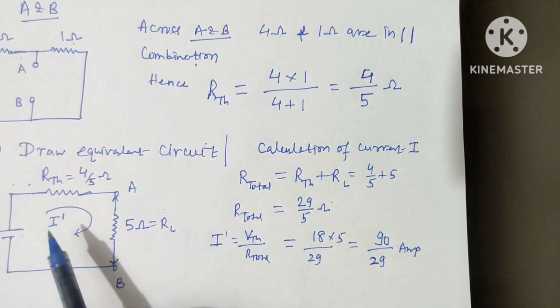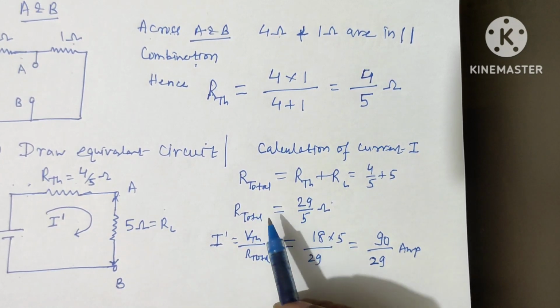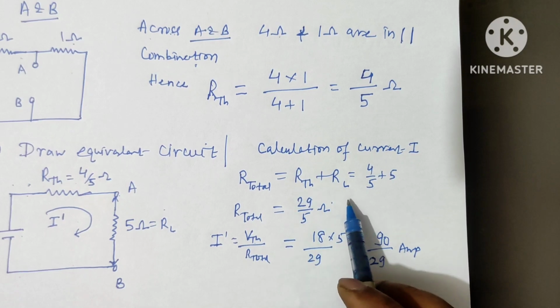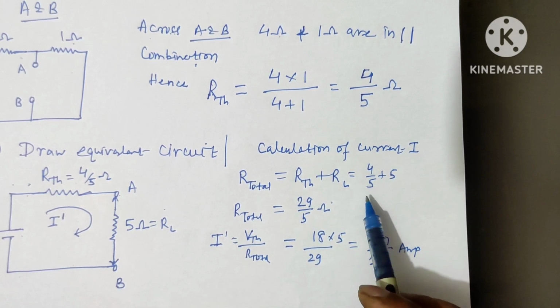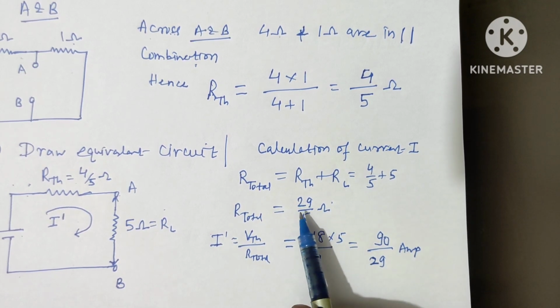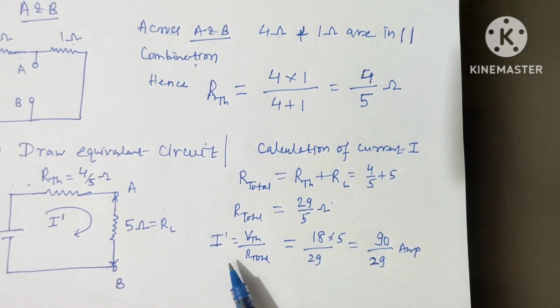Because it is a series, both RTH and RL are in series combination, therefore the equivalent value, R total or R equivalent, equals RTH plus RL. Therefore I can write 4 over 5 plus 5. After solving, you will get 29 over 5. And I can be calculated by I dash. I have taken current I dash here in this loop.